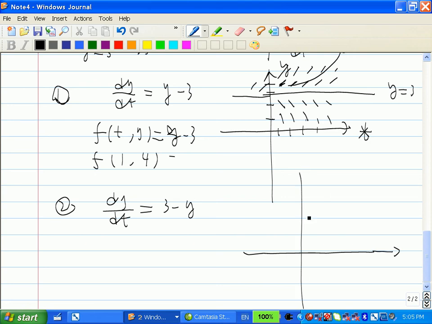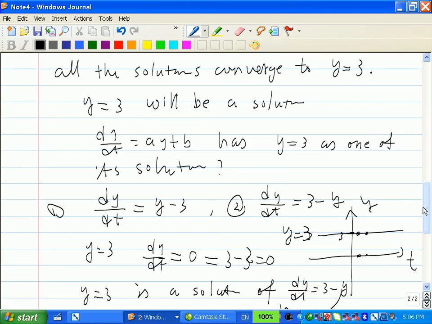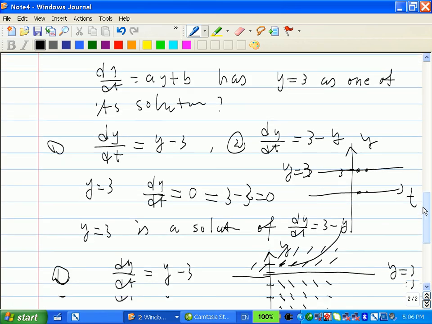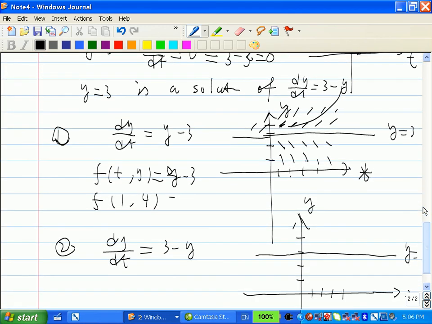You have t and y, and y equal to 3 is again the solution. Here is y equal to 3.